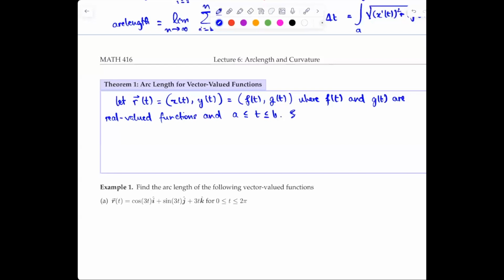Now suppose f of t and g of t are differentiable.